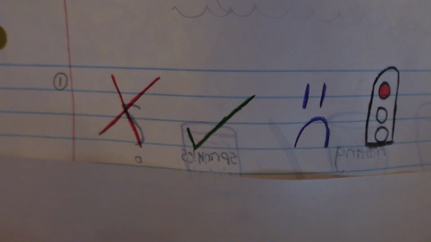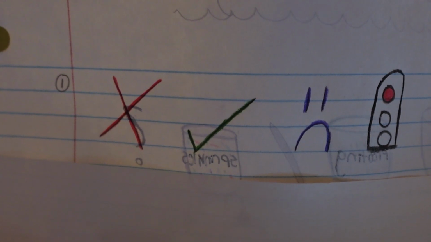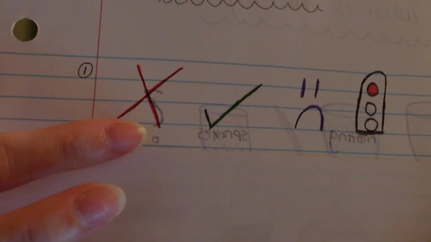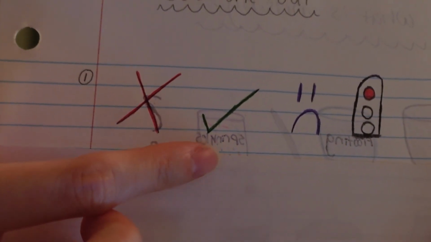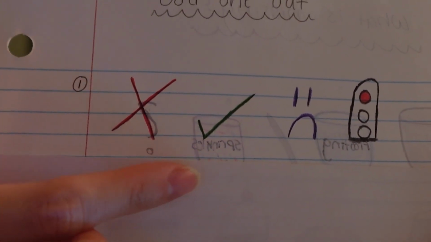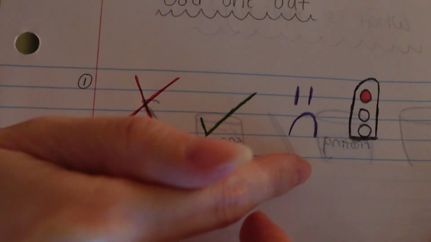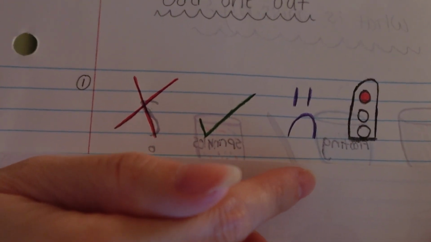Let's get into the first section. So, out of these 4 pictures, which one is the odd one out? We have an X right here. And then we have a check mark. A sad face.